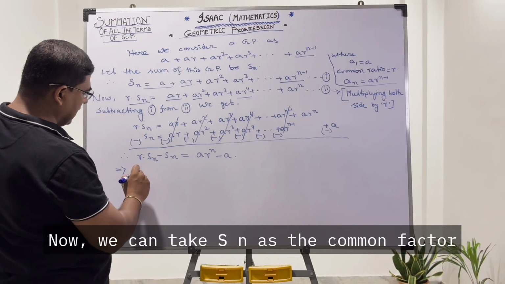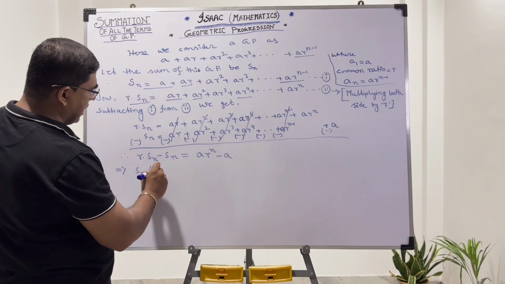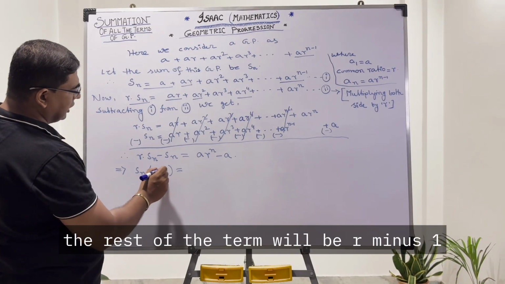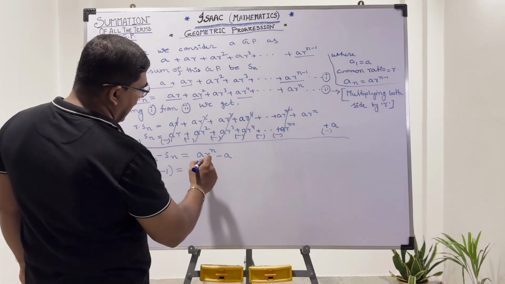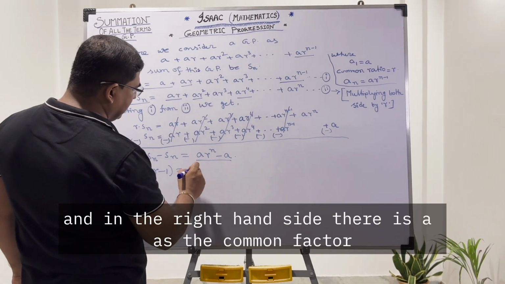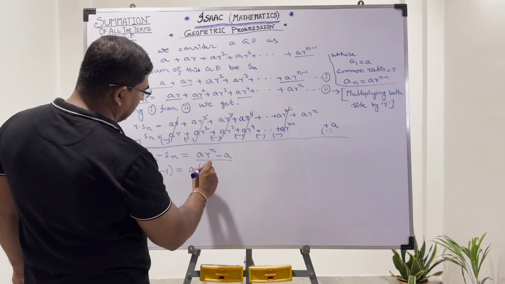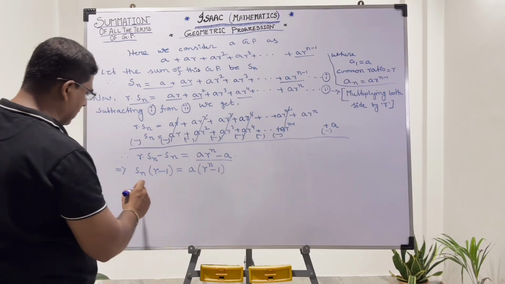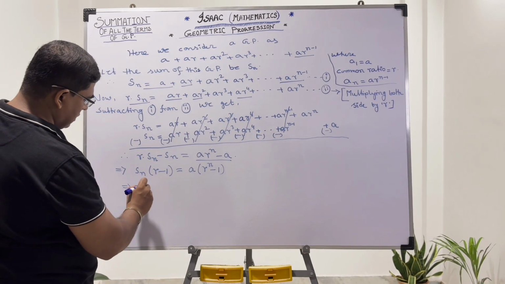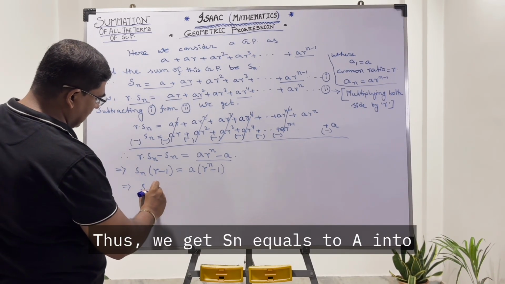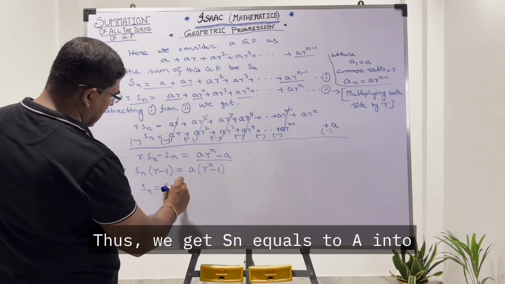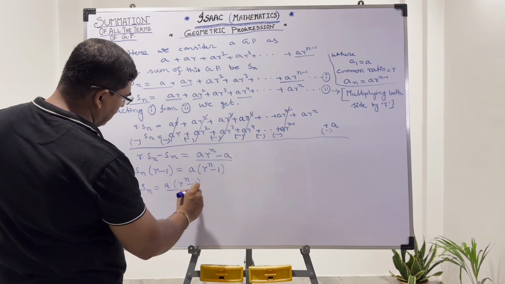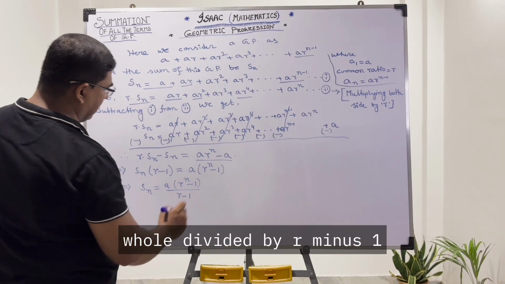Now we can take Sn as the common factor, and after taking Sn as the common factor, the rest of the term will be R minus 1, and in the right hand side there is A as the common factor, and the rest of the term is R to the power n minus 1. Thus we get Sn equals A into R to the power n minus 1 whole divided by R minus 1.